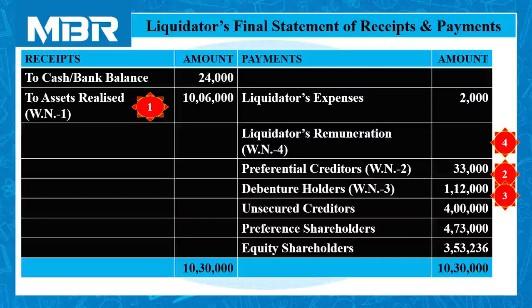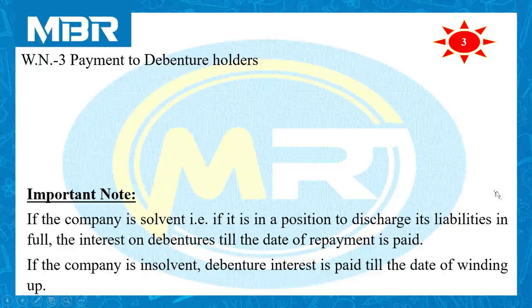For the purpose of making the payment to debenture holders, I have prepared a working note so that we can calculate everything properly. As per the calculation, we have to pay a total amount of rupees 1,12,000 to debenture holders. Let us understand working note number 3. Working note number 3 is all about payment to debenture holders of the company.